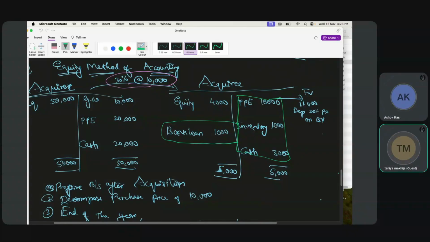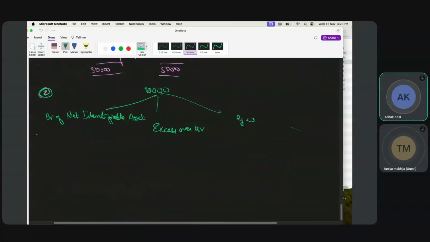PPE, inventory, cash minus bank loan: 10,000 plus 1,000 inventory plus 3,000 cash minus 1,000 bank loan, total 13,000.